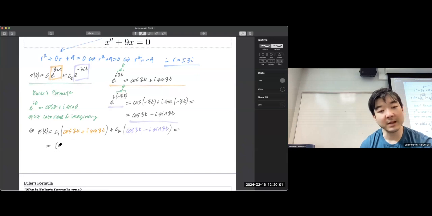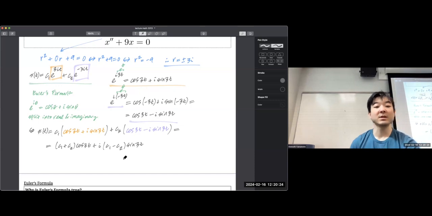There's a C1 plus C2 times cosine of 3t, plus there's a C1 i sine of 3t and a C2 negative i sine of 3t. So I'll pull out a negative i from both of those. This first one has a C1, this one's a minus C2, and then there's a sine 3t. So I'm just consolidating the real and imaginary parts from each of those two pieces.